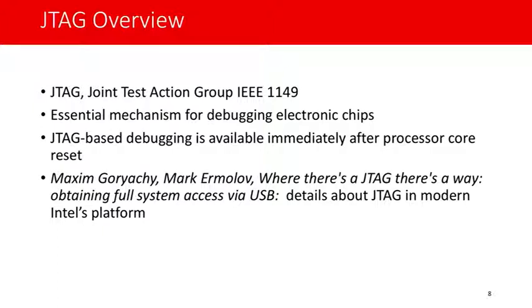Often, manufacturers extend standard JTAG by adding their own functions. JTAG in Intel processors is described rather poorly, and some information can be found in documents and patents. You can see our paper on the slide.